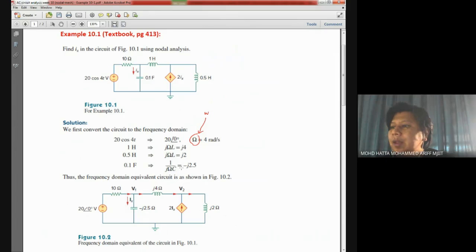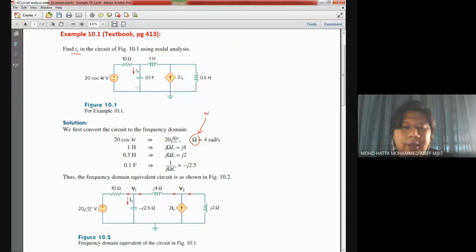It's okay. The question asks about Ix, where Ix is the current flowing through this 0.1 farad capacitor.